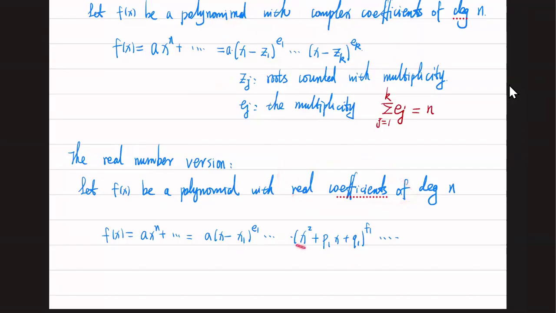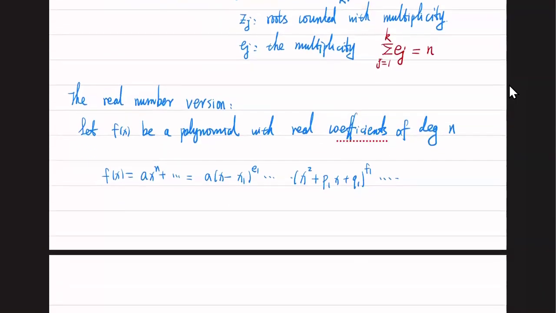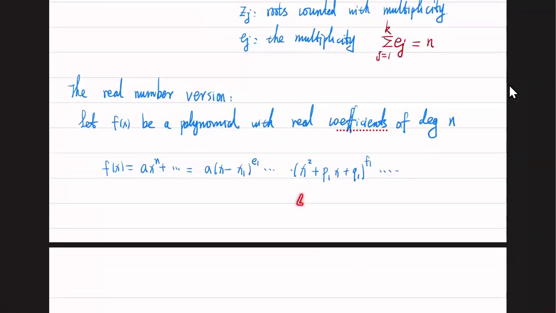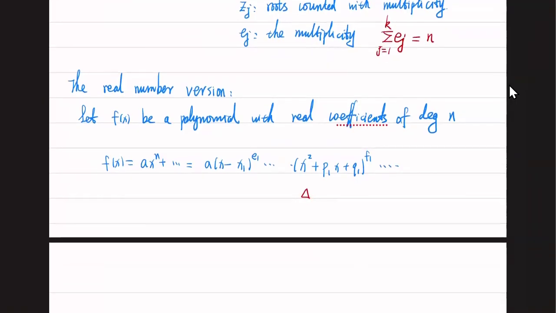This factor has no real root; the discriminant is negative. In the same way, the degree is the summation of the linear terms plus twice the summation of the quadratic terms.